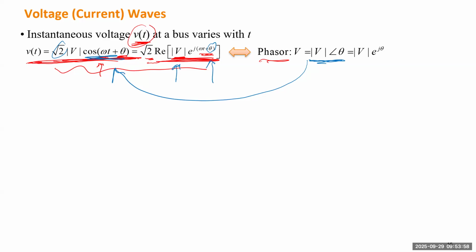That's how we propose the phasor representation to simplify the instantaneous voltage. So those two representations are equivalent to each other in steady state conditions.